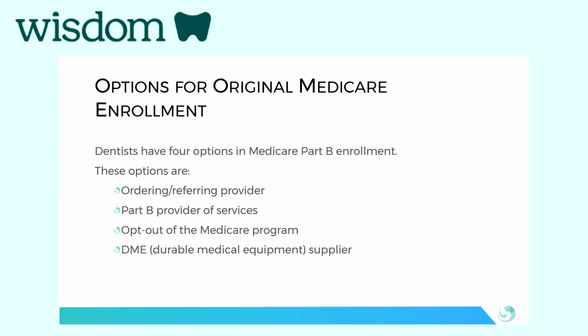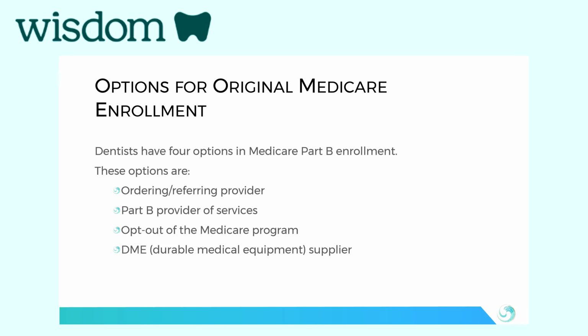option. But a DME supplier means that you're enrolling your practice, your practice TIN, your billing entity under their NPI Type 2, and you're telling Medicare, I want to offer this appliance and I need to bill Medicare for this appliance, and I want to become the supplier.